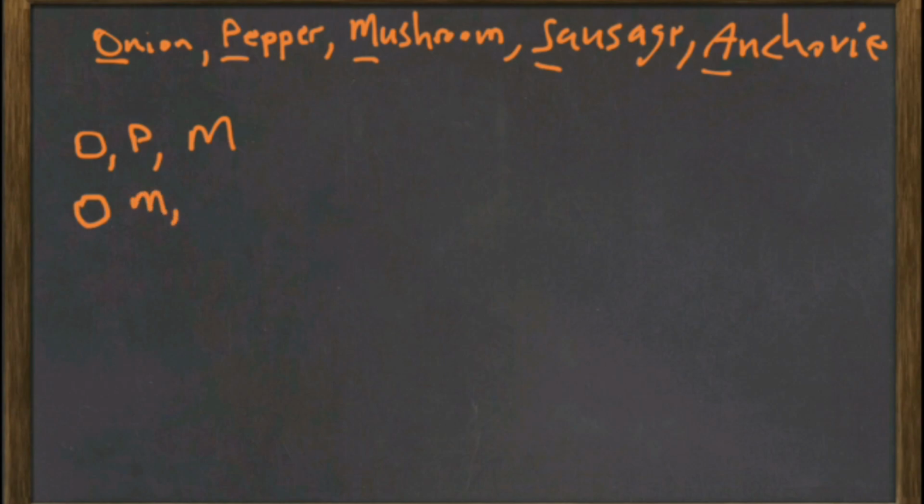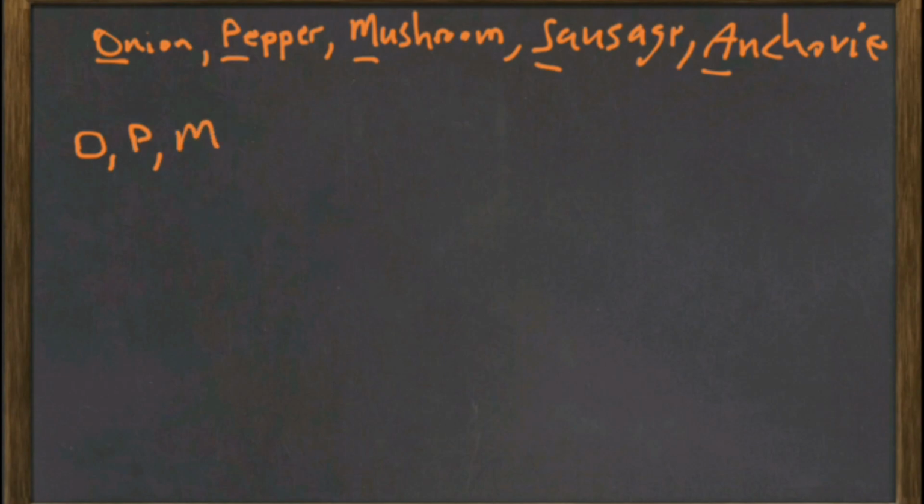I want to highlight that we could say onion, mushroom, pepper, but in this case these are the same, right? Because we don't care about the order, these 2 options are going to be the same, and so we can't write them both down. Once we've chosen onion, pepper, mushroom, the other options are redundant.